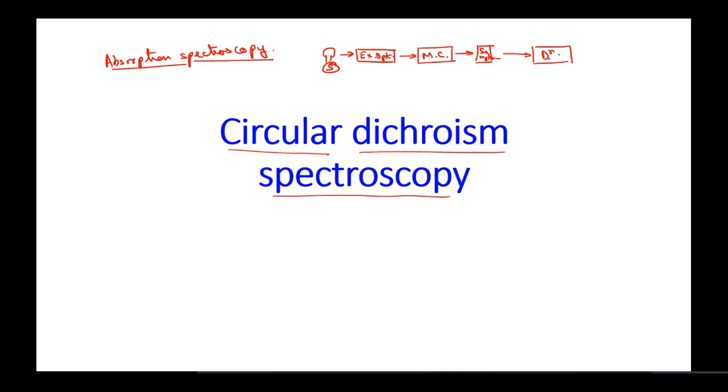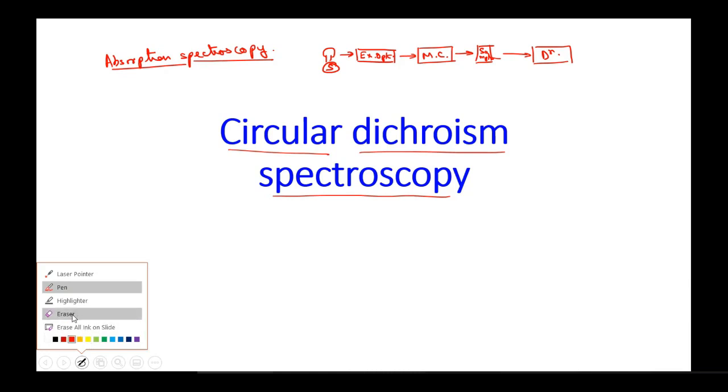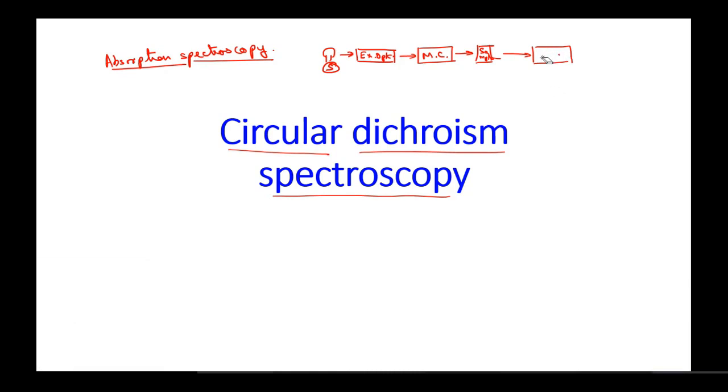In between, if we need, we can have some other kind of optics, excitation optics and transmission optics. Okay, this was the thing.